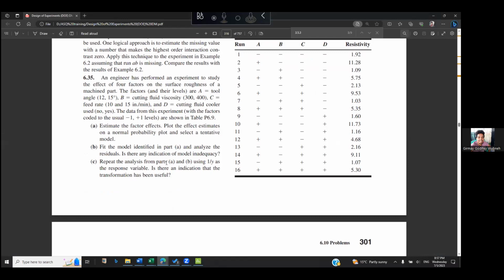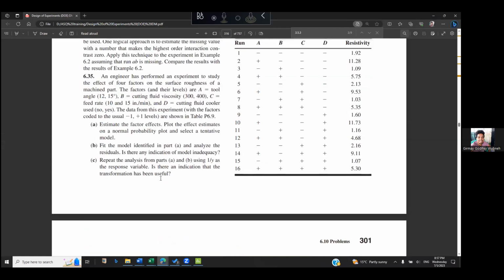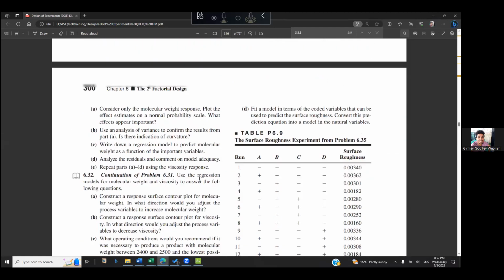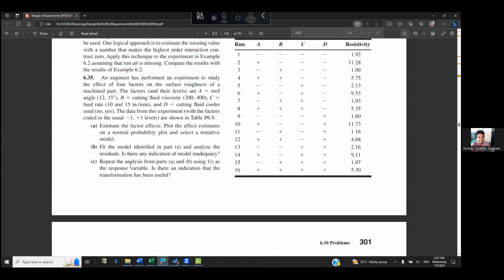Repeat the analysis from part A and B using 1 over Y as the response variable. Is there any indication that the transformation has been useful? So instead of Y, 1 over Y is the response.